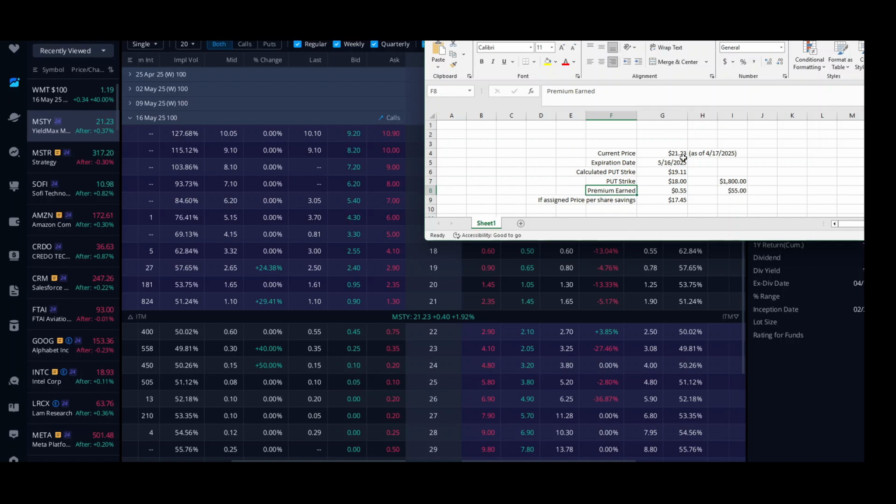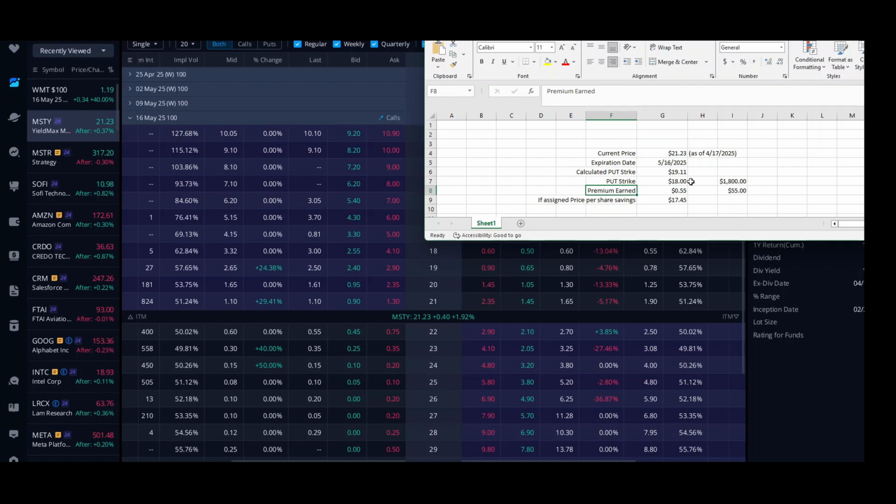So at the current price of $21.23, with our expiration of May 16th, which is about a month out, we were looking at that price times 0.9. So the calculated strike to look for was around $19.11. We found a put strike at $18, which had a delta of about 0.22.